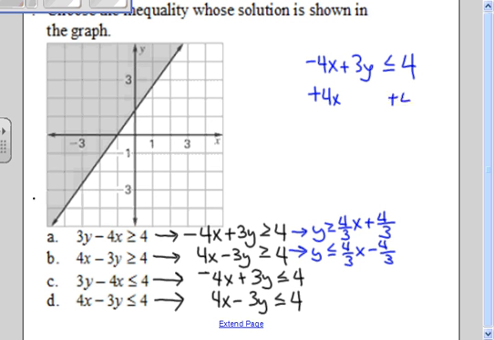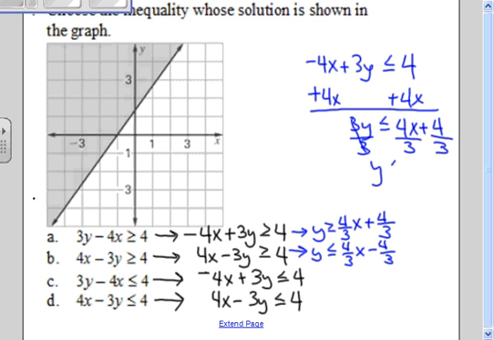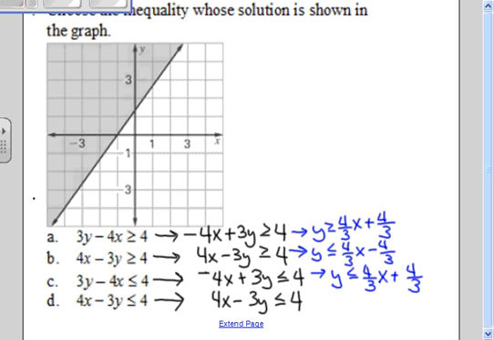Just about the same process. Not dividing by a negative, don't flip. Okay, so that becomes... last one.